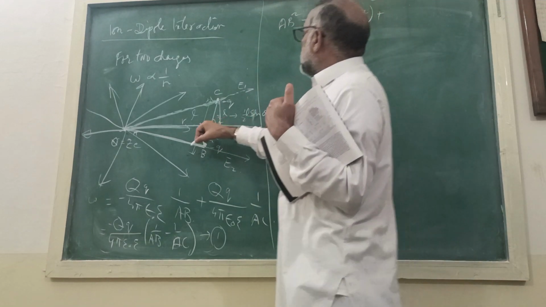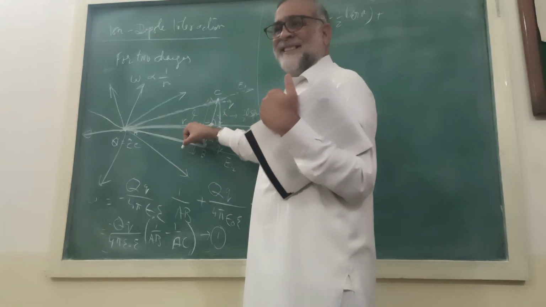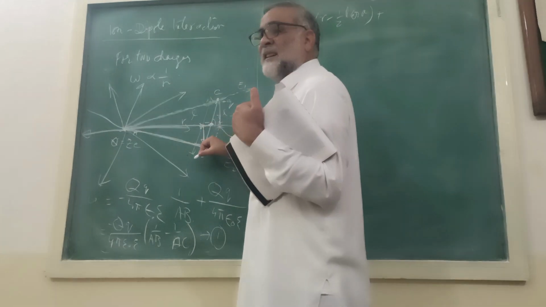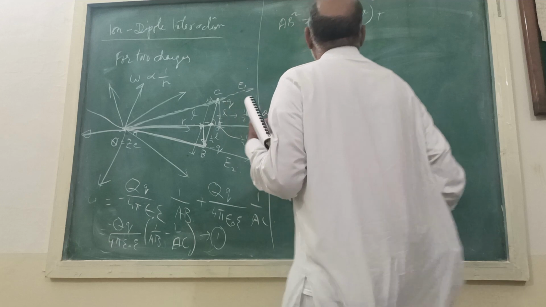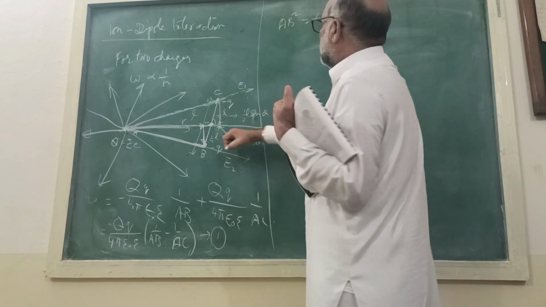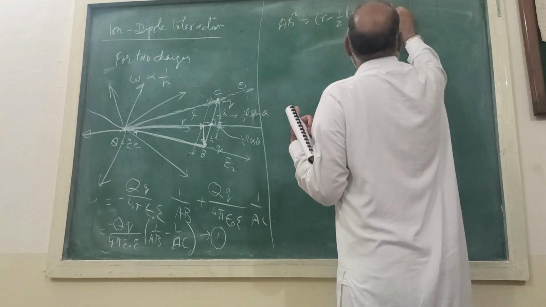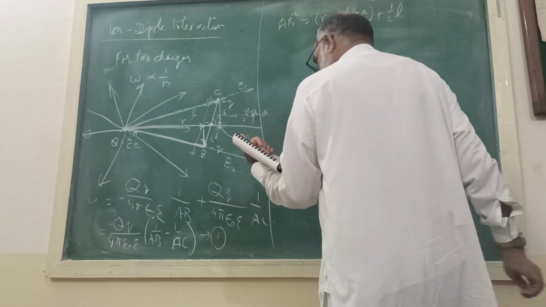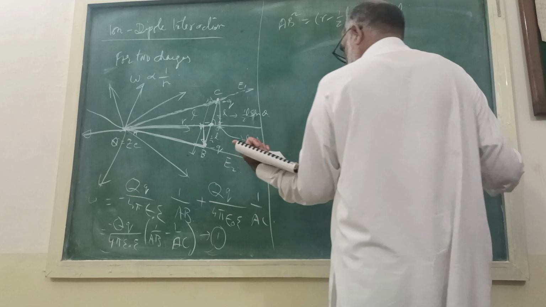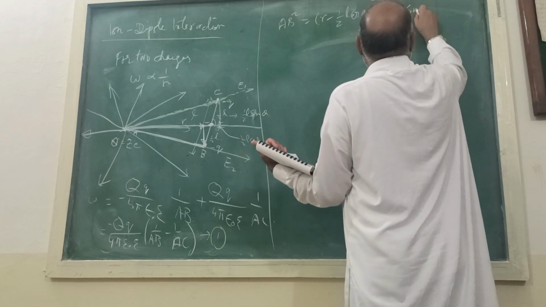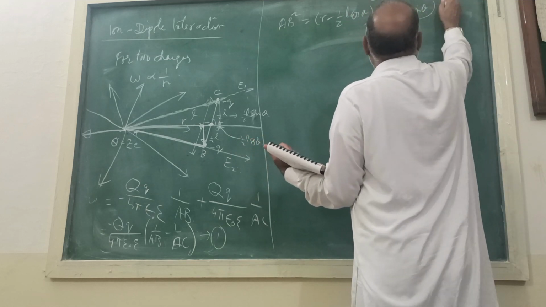Which means this square plus that is the Pythagorean theorem, simple. Yes, and plus this, and this is equal to what? 1 over 2L sine theta whole square.